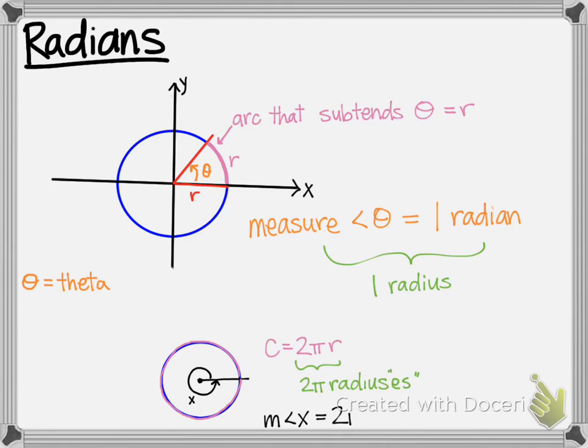So the measure of angle x is 2 pi radians. So if we think about what we know as a circle going all the way around, that's going to be 360 degrees, which is 2 pi radians, or radiuses, since we're getting 2 pi worth of those from the circumference.